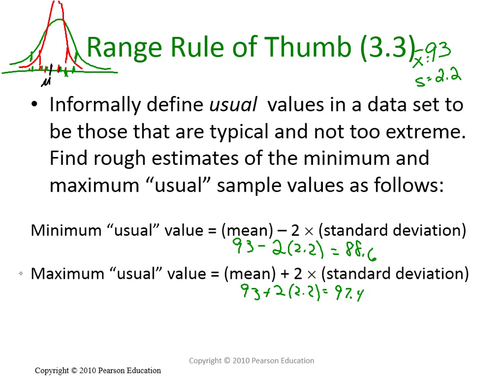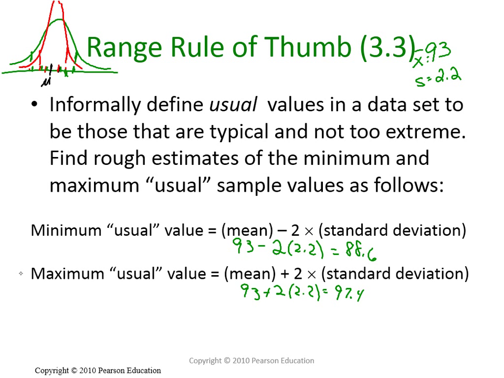So what this is telling me is it's usual for this brand to have between 88.6 and 97.4% of the seeds germinate. That gives me the range I would anticipate if I was going to buy seed: between 88.6 and 97.4% of them are going to germinate. That would be the usual data values.